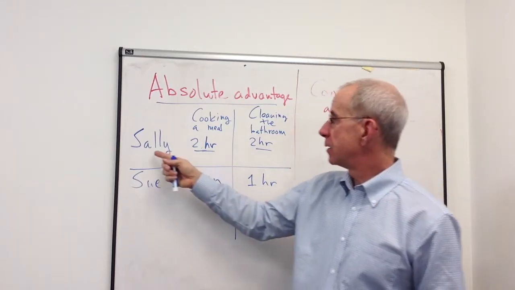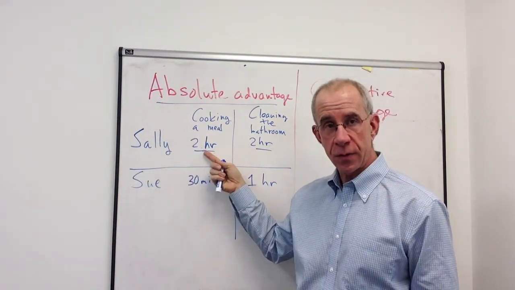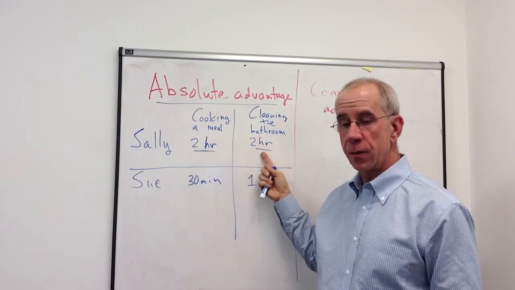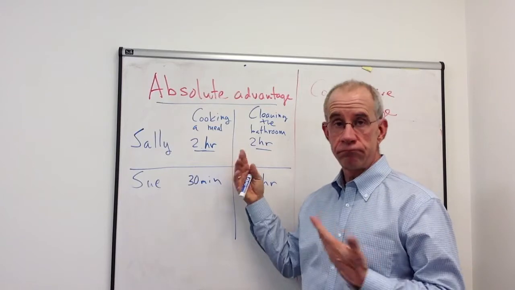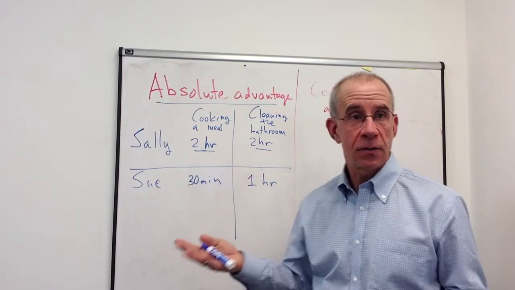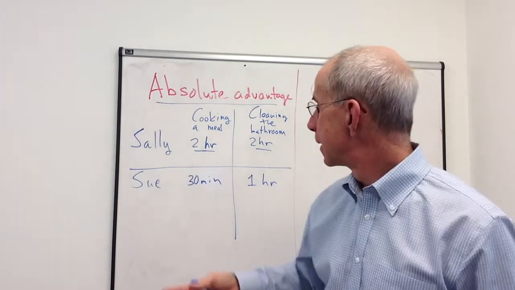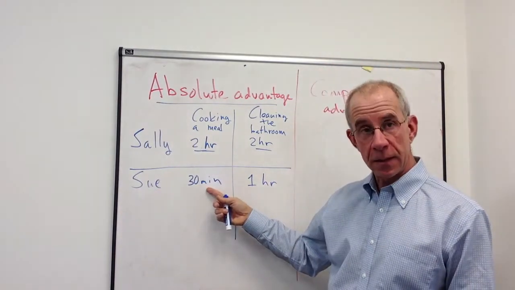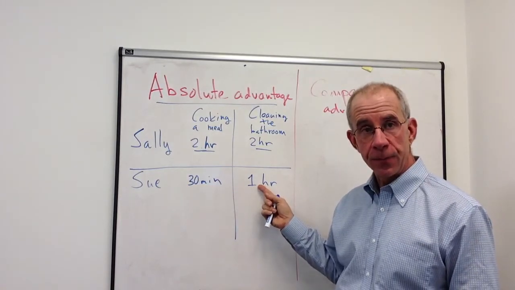Let's imagine that Sally takes 2 hours to cook a meal, and Sally takes 2 hours to clean the bathroom. So this is just what it takes her to do these chores. Sue, on the other hand, takes 30 minutes to cook the meal and takes 1 hour to clean the bathroom.